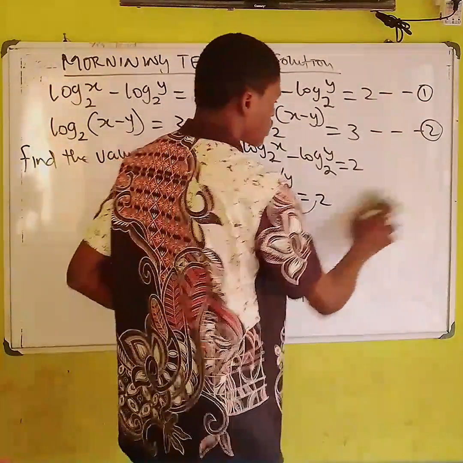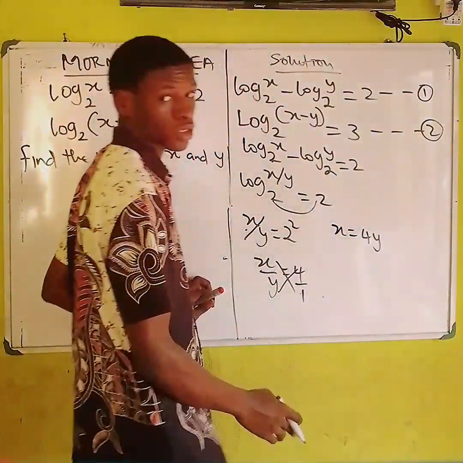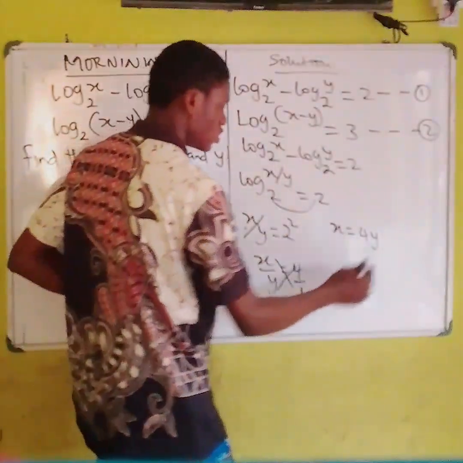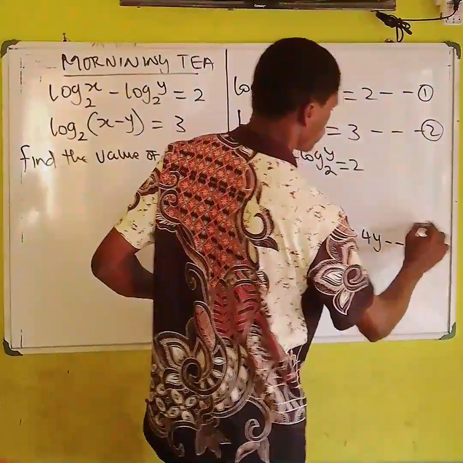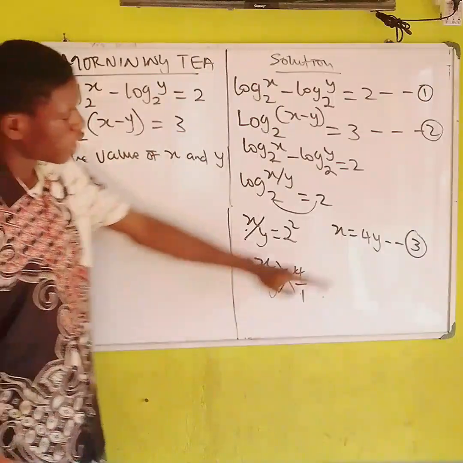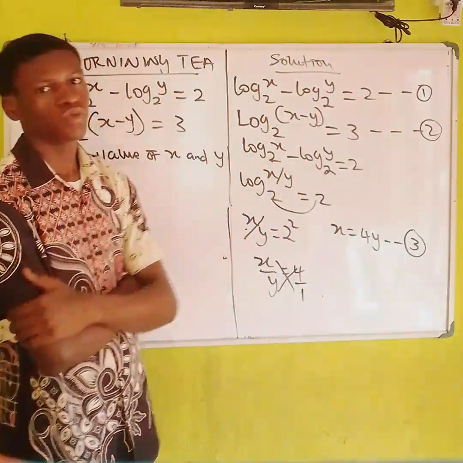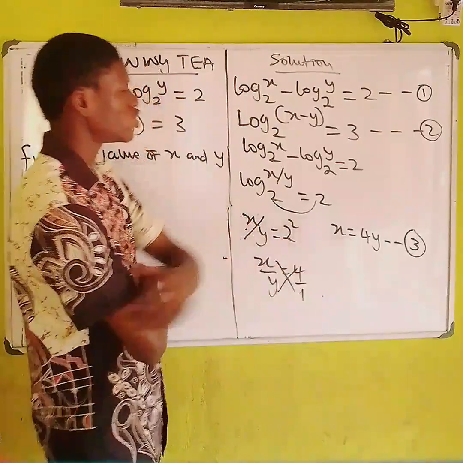So the whole of x is actually equal to 4y. Now, I can call this equation 3. I'm approaching it, as I told you, in the form of simultaneous linear equations.